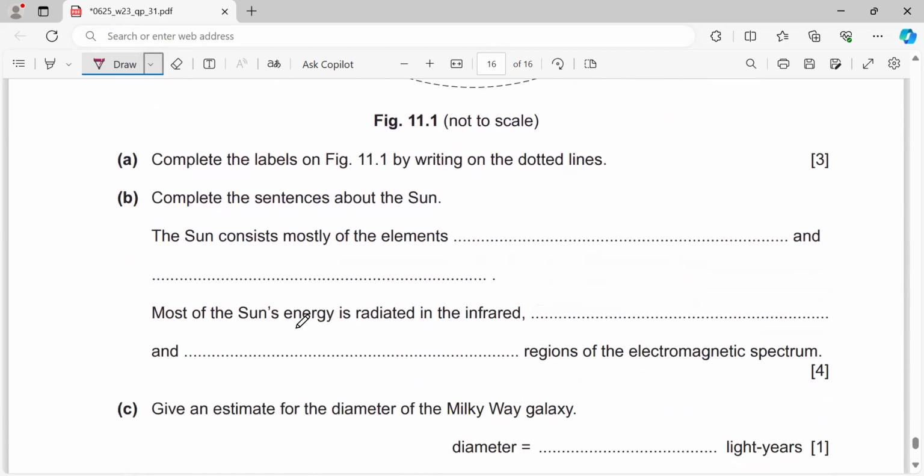Complete the sentences about the sun. The sun consists mostly of the elements hydrogen and helium.